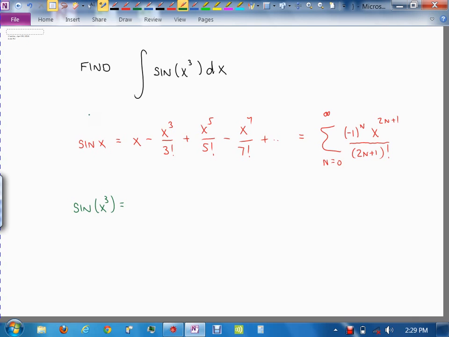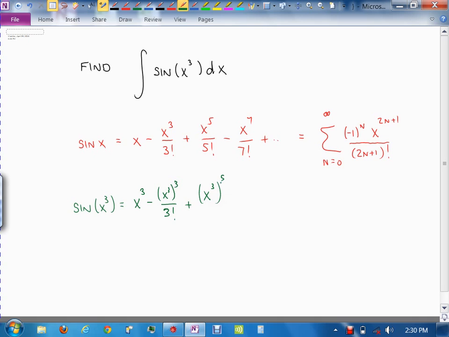You understand what I'm saying, right? So it becomes x cubed minus x cubed cubed over 3 factorial plus x cubed to the 5th over 5 factorial minus x cubed to the 7th over 7 factorial.